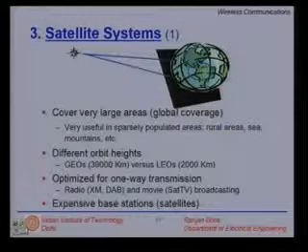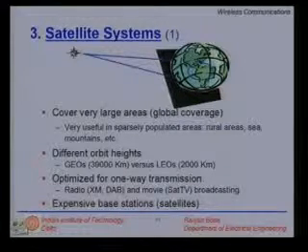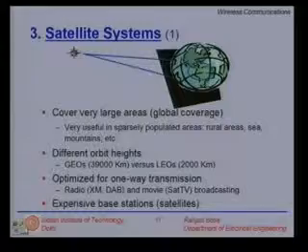Clearly, the LEO satellite systems are not geostationary, and so they keep on moving, and they move in and out from an area of coverage. So a LEO satellite which was having a footprint on Delhi half an hour back might have moved out by now. And so I need a constellation of satellites to make sure that each area is covered all the time.